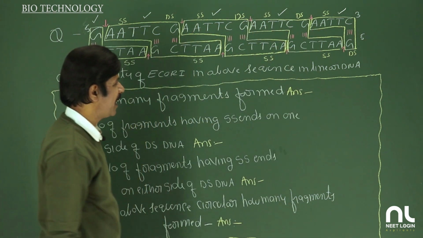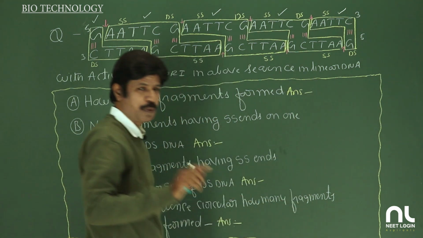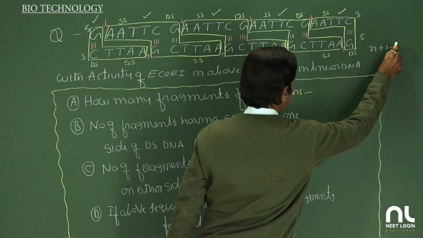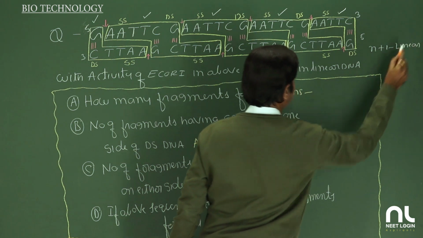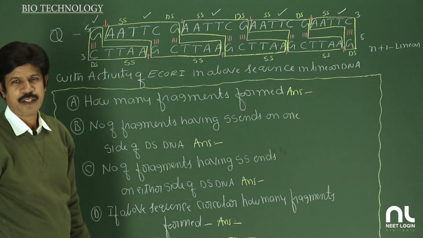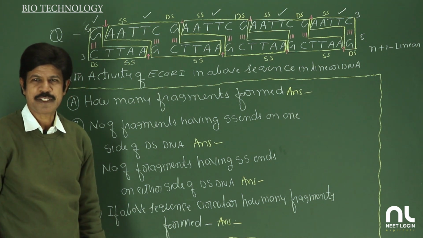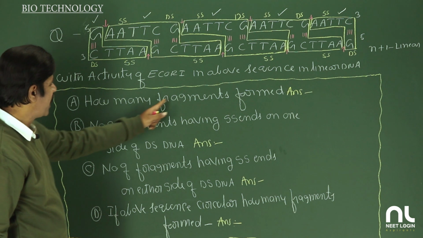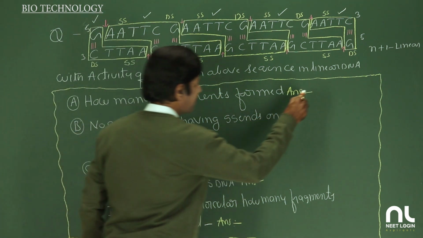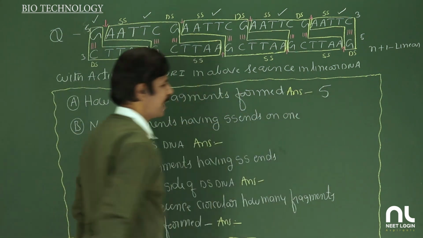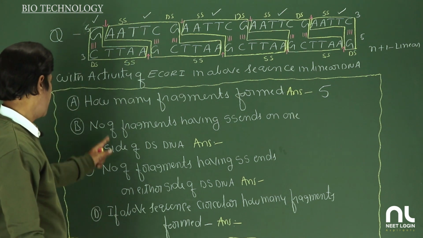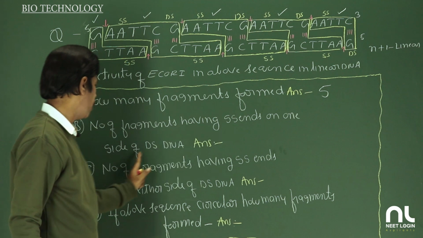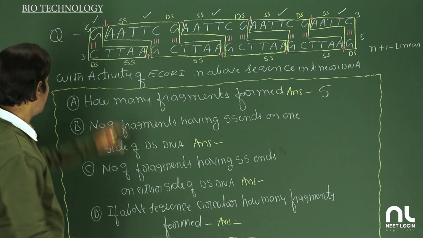If it is linear, the number of cleavage points is 4, and the final number is n plus 1 in case of linear. 4 cleavage sites plus 1, we got 5 fragments. How many fragments formed? 5 fragments formed.